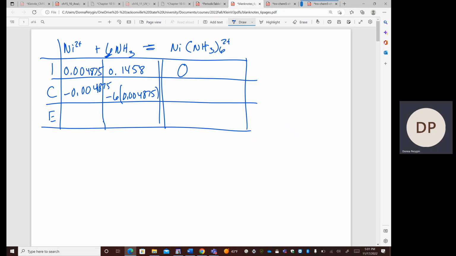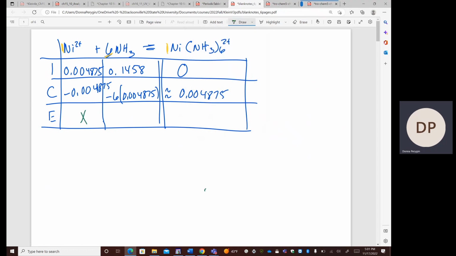And basically, we're gaining 0.004875 of our complex. So for every 1 mole of nickel that we lose, we're going to also lose 6 moles of ammonia and gain 1 mole of our complex, okay?